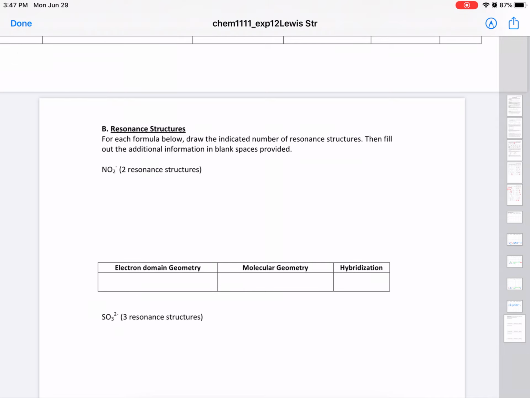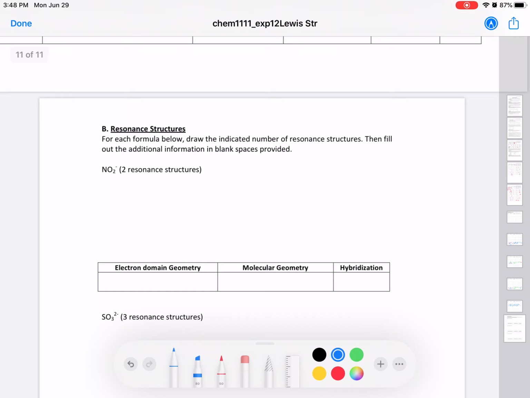We talked about resonance structures at the beginning, that you can change the position of the lone pairs and a pi bond without changing the atom places. Okay, so if you draw the Lewis structure for NO2 minus, it would be like this: nitrogen, oxygen, like that.